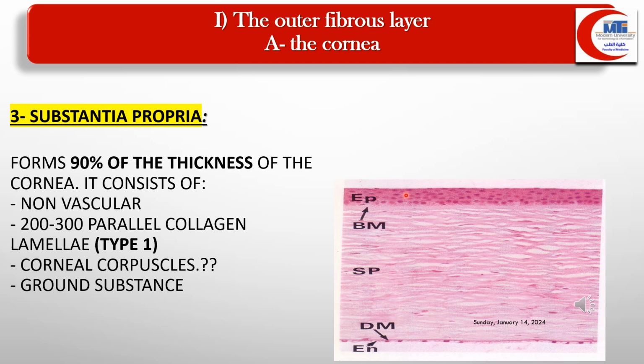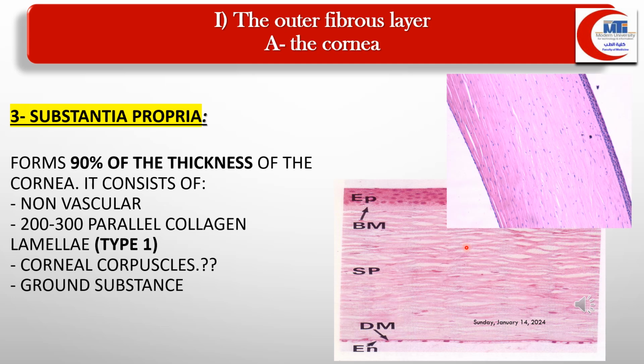It consists of parallel lamellae of collagen type 1, about 200 to 300 lamellae, with flattened fibroblasts in between these lamellae, and these flattened fibroblasts are called corneal corpuscles, and also consists of ground substance rich in glycoproteins. So, the stroma consists of parallel lamellae of collagen fibers, corneal corpuscles, and ground substance.